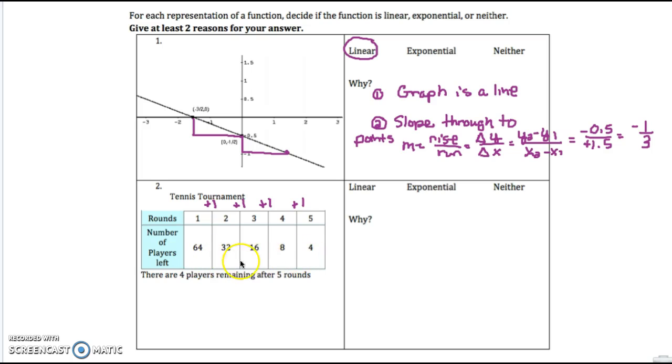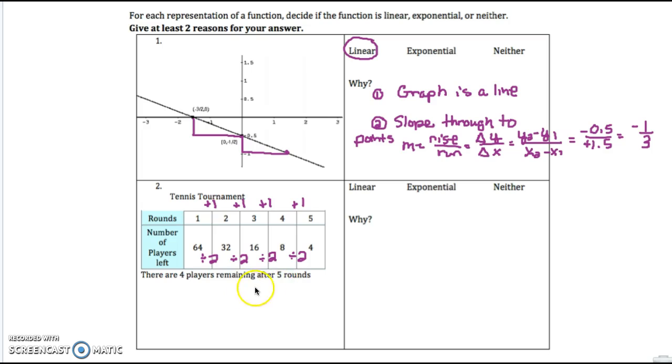And if we're going down, another pattern is to maybe see what we're dividing by. 64 divided by 2 is going to give me 32. 32 divided by 2 is going to give me 16. 16 divided by 2 is going to give me 8. Maybe it's easier for you to work with the smaller numbers, but hopefully you see that we are dividing by 2.